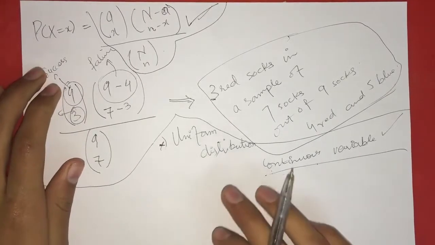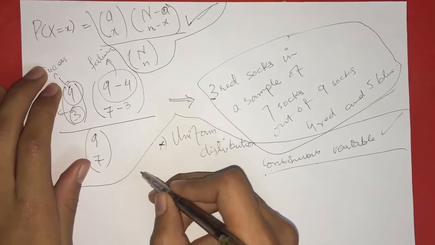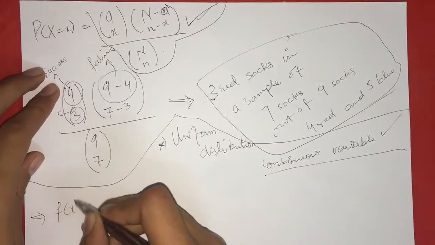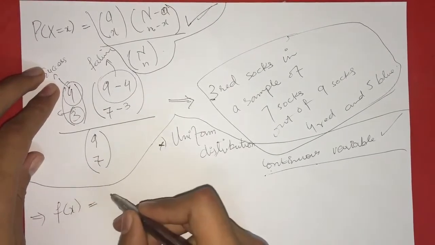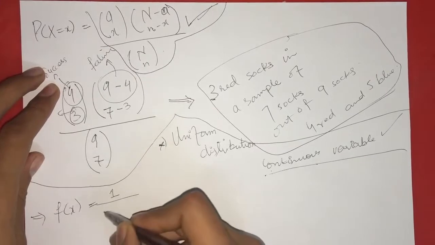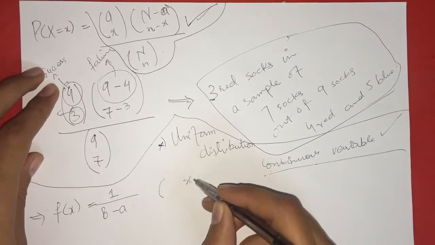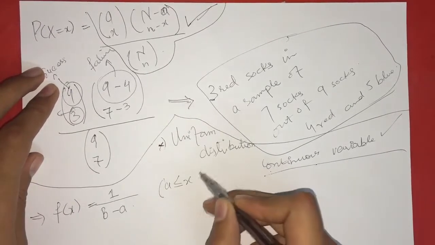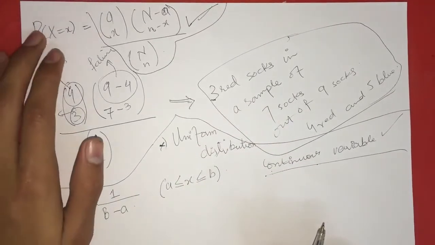So the mathematical form of a uniform distribution is f of x equals 1 divided by b minus a, where x has got to be greater than or equal to a and less than or equal to b. So let me give you guys an example.